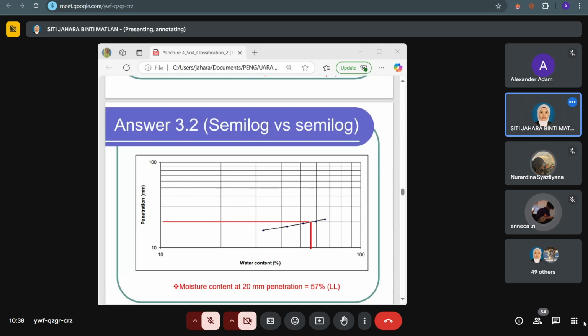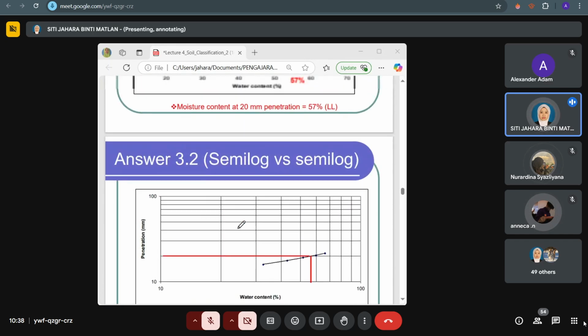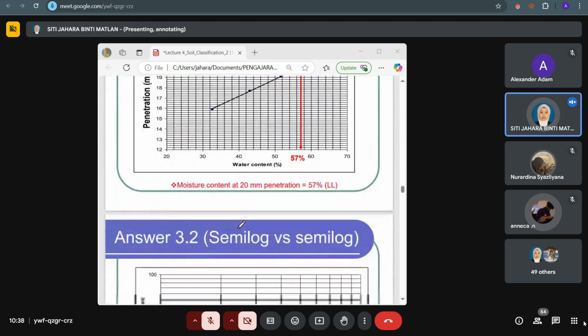From the graph we can see that the water content corresponding to the cone penetration of 20 mm is the same, which is 57%. Even though we use different scales, in this case we obtain the same value. So you can consider using linear versus linear or semi-log scale; it is not a problem for the Falcon method.